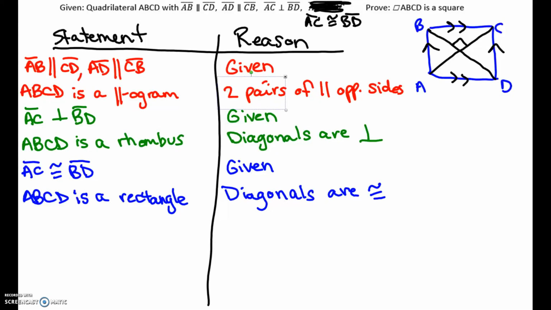And then last but not least, I finally get to say that ABCD is a square, and that's just by the definition of a square. It's a square because it is a parallelogram, a rhombus, and a rectangle.